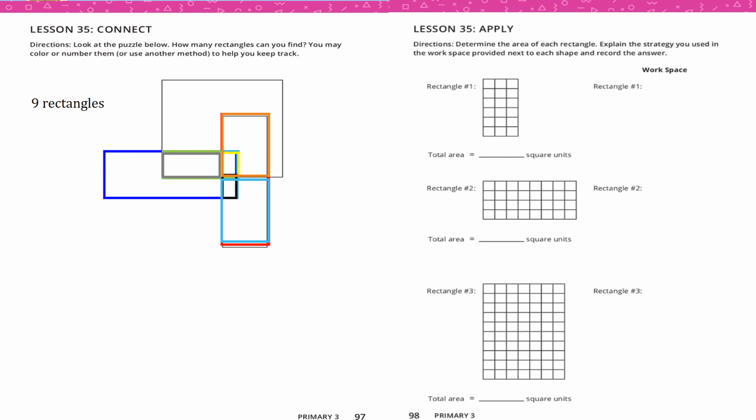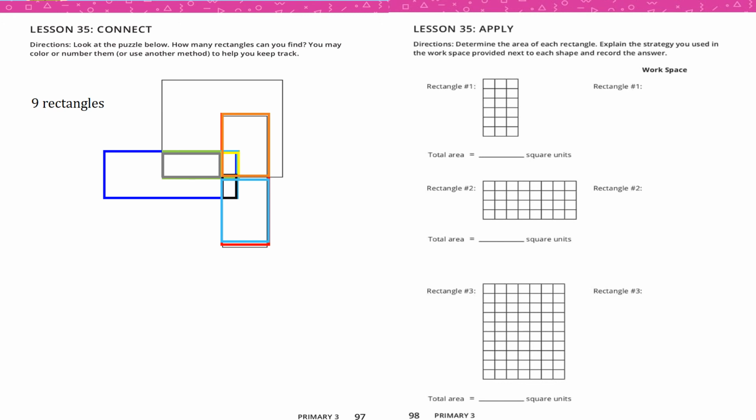Here in lesson 35, determine the area of each rectangle. Explain the strategy you used. If we wanted to find the total area here, we can multiply or count. We can count the small squares inside this first rectangle, or we can multiply rows by columns.